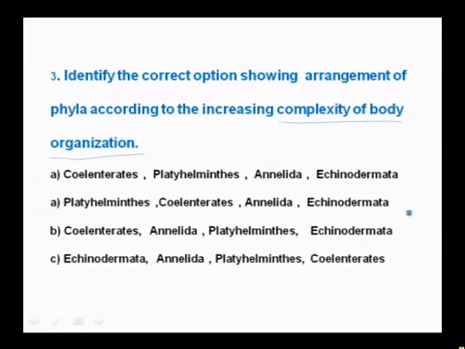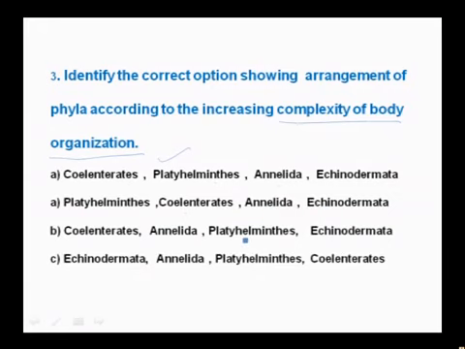We have to identify which is the right one. Let us see the order: Coelenterates, Platyhelminthes, Annelida, Echinodermata. Next is Platyhelminthes, then Coelenterata, then Annelida and Echinodermata.